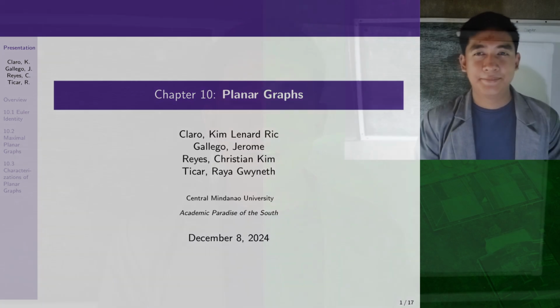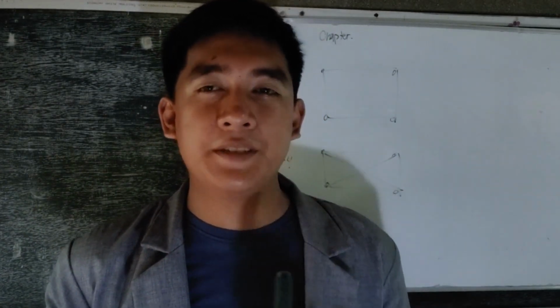Planar graphs. Of the various ways to represent a graph G, the most insightful and practical thing to do is through drawing. When we're asked to give a representation of this graph G with this number of vertices and this number of edges following these properties, what we do is we draw this graph.